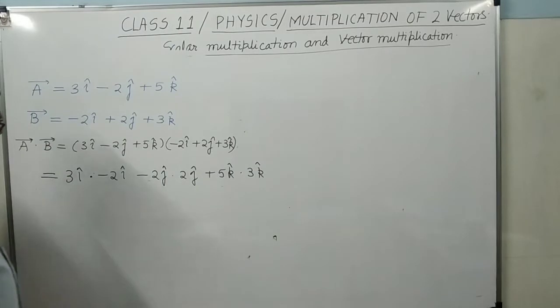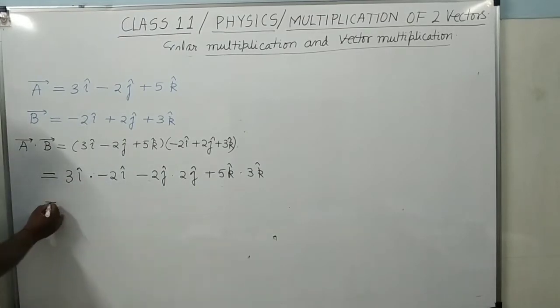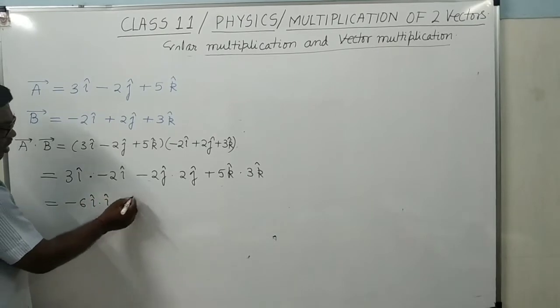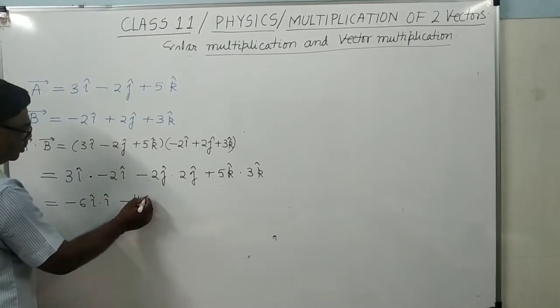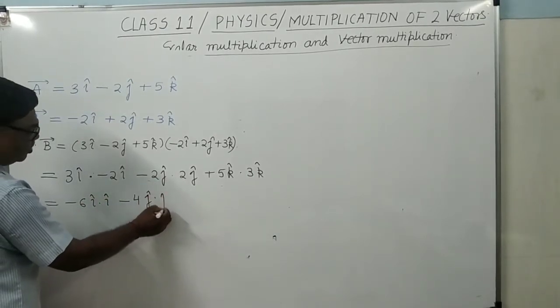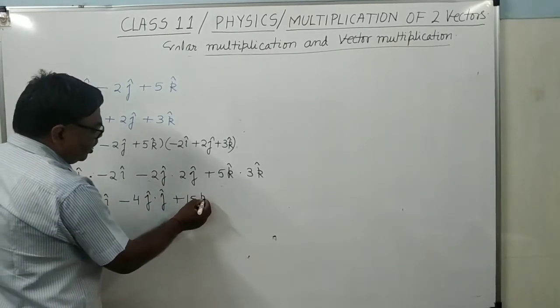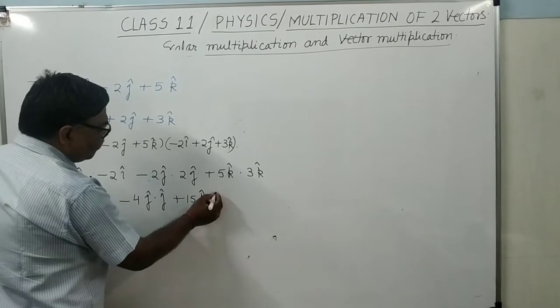You can see here 3 into minus 2 is minus 6 i dot i, 2 into 2 is 4 j dot j, 5 into 3 is 15 k dot k.